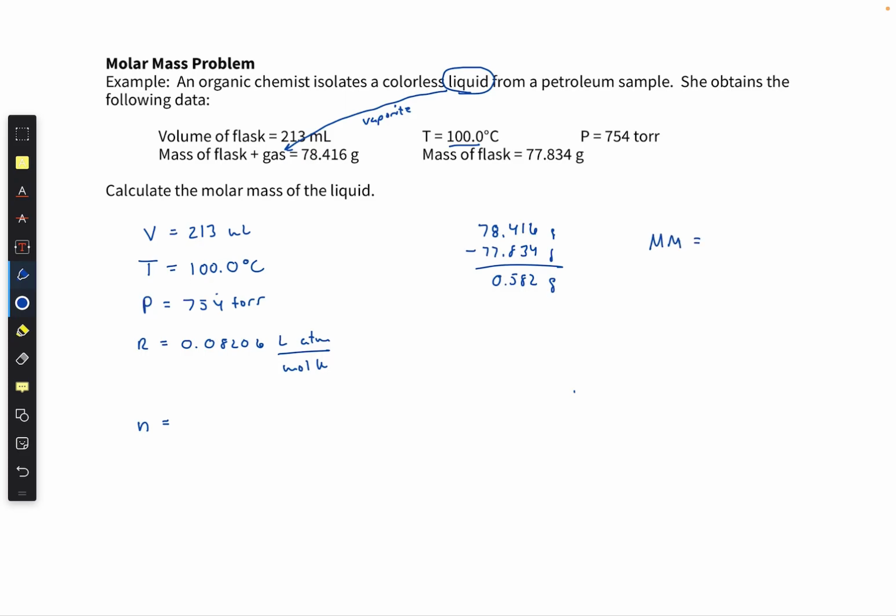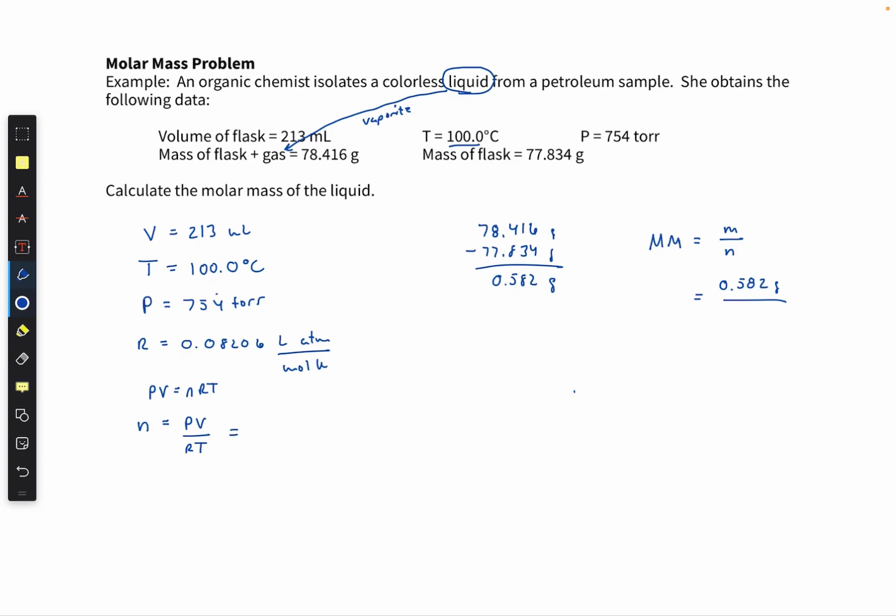The units on molar mass are grams per mole, so what we need is the mass of the sample divided by the moles of the sample. And we've figured out most of that. We have our 0.582 grams as our mass, and our moles we're going to get from the ideal gas law. If we take PV equals nRT, and we divide both sides by R and T, we get PV over RT, and that gets the n by itself on the other side.